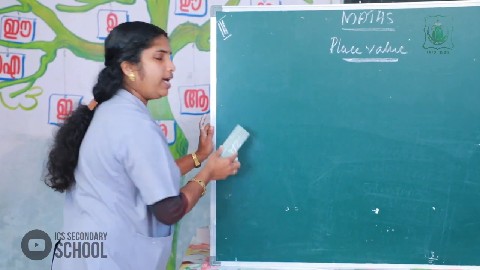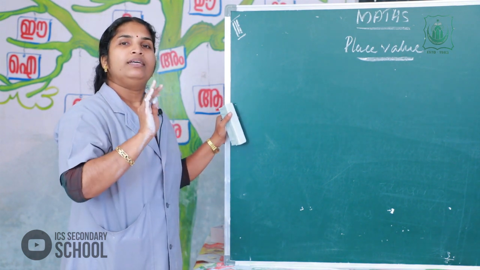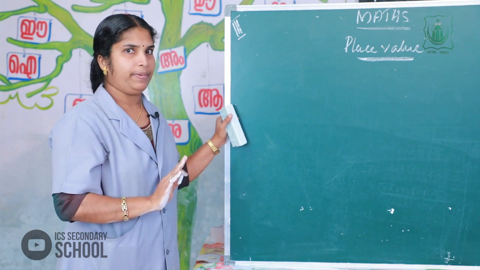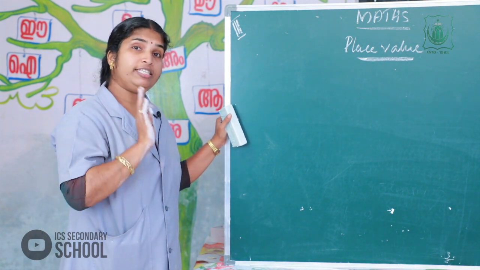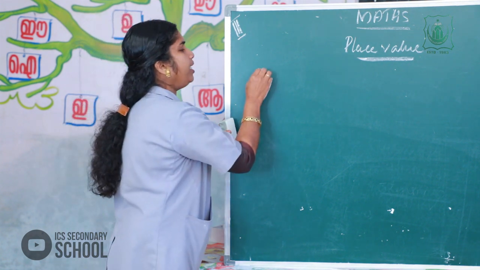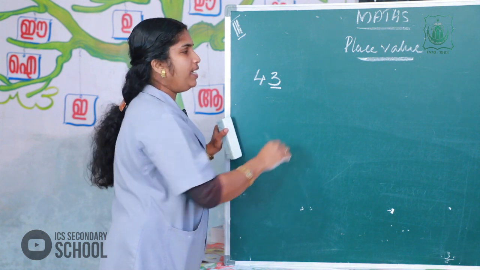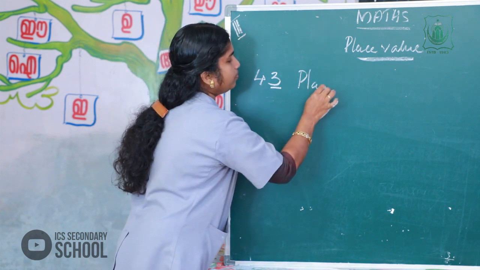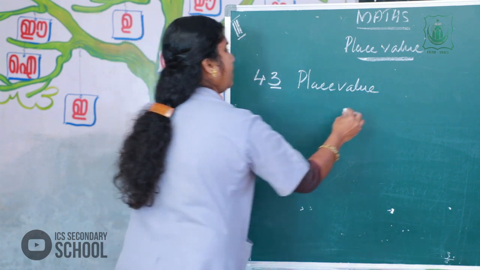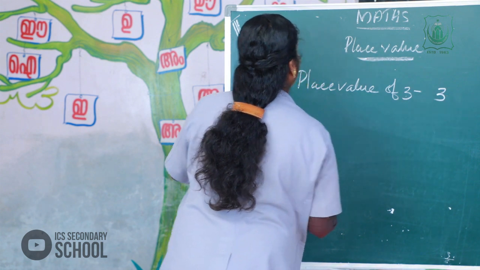Okay, place value means the value of a digit that depends on its position in the number. The face value of a digit is that digit itself. In 43, the place value of 3 is 3.